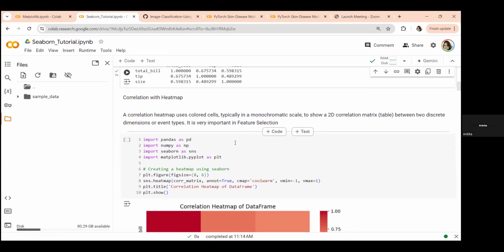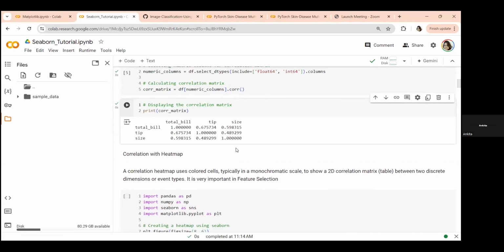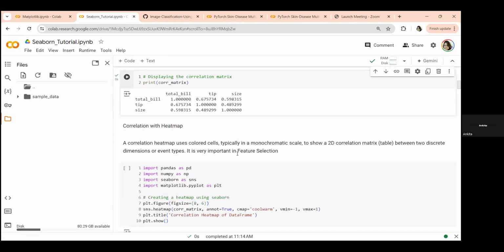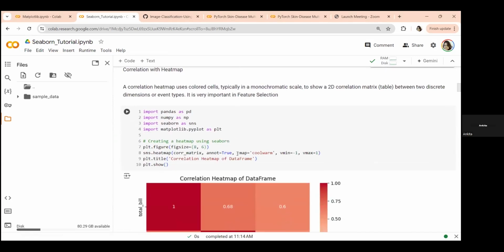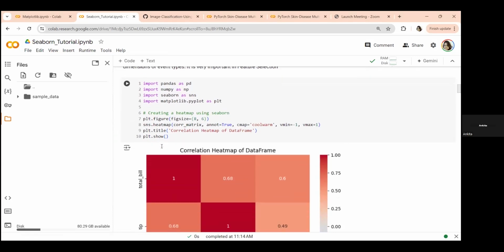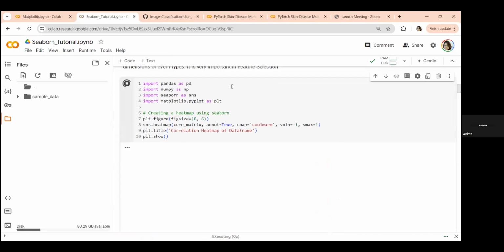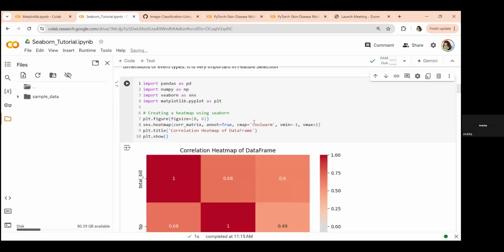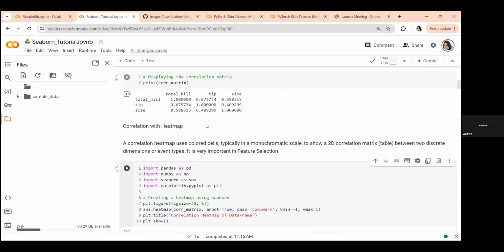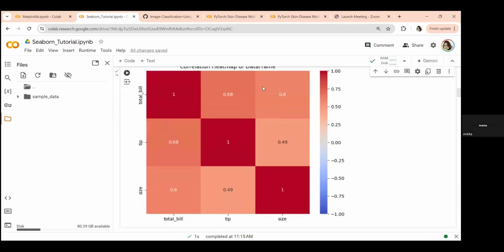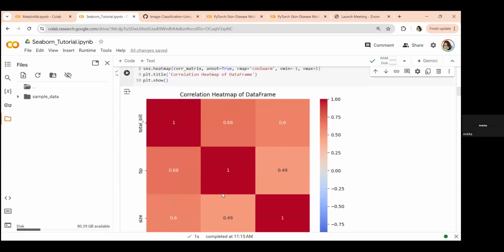From this, we start today's topic, which is the heat map. A heat map is a representation of the correlation matrix. Here we are using these lines to create our heat map. It represents the correlation between these three features; it is the pictorial representation of the correlation matrix.